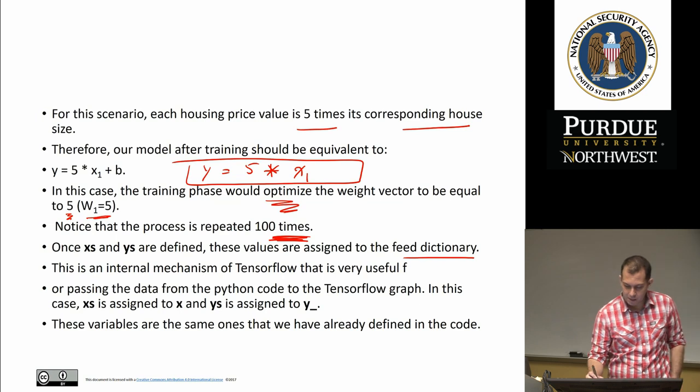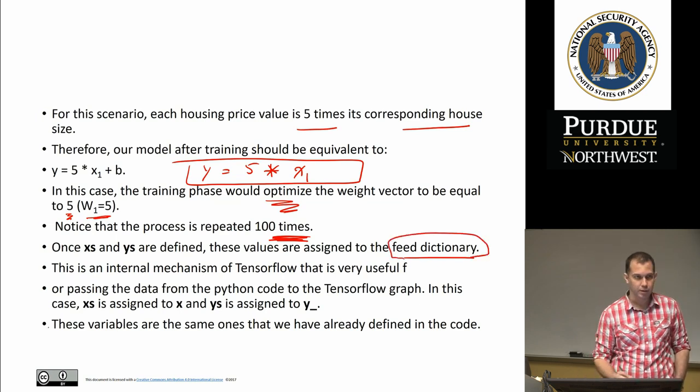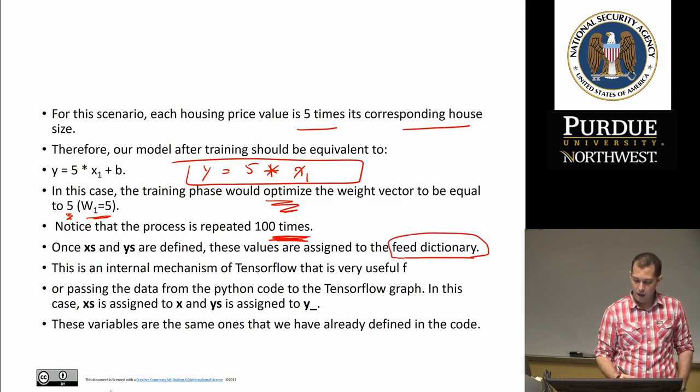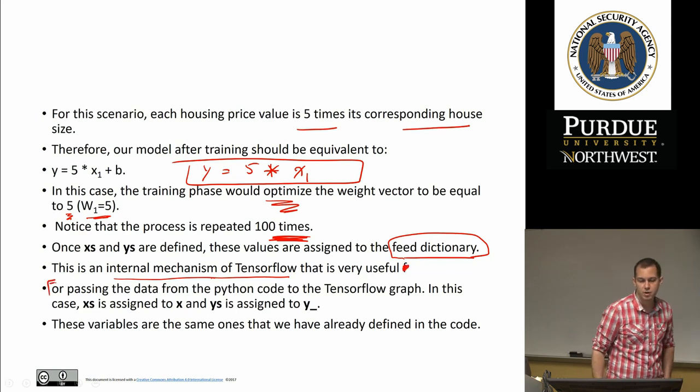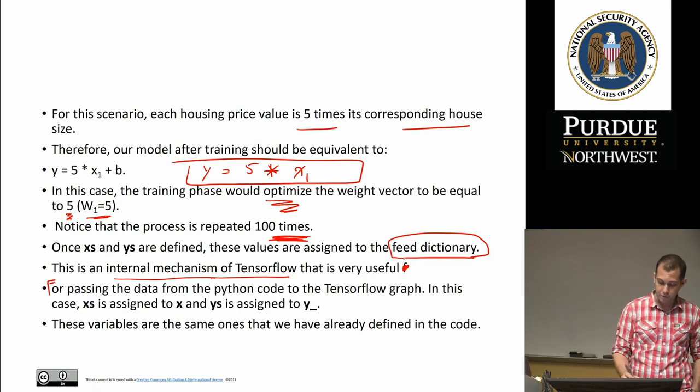Now, what is this feed dictionary? I wanted to describe it a little bit better here in writing. This is an internal mechanism of TensorFlow that is very useful for passing the data from the Python code, XS, to the TensorFlow graph.